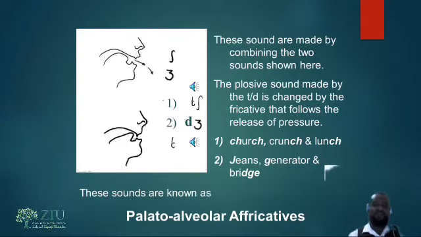The first very important sounds related to palato-alveolar affricatives are the ch and j sounds. Examples for ch are chair, China, church, etc., and for j, jeans, generator, bridge.